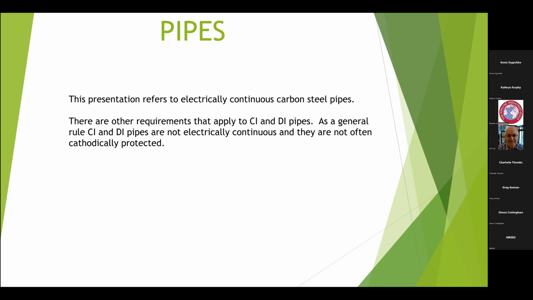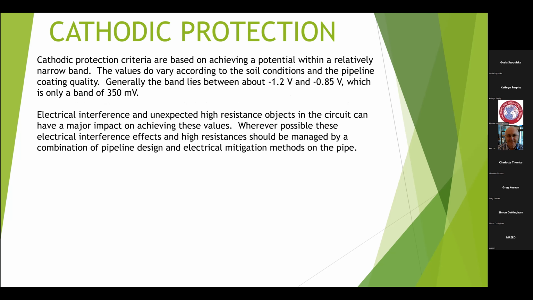The reason is that the way the pipes are joined introduces electrical resistance at the joint, and the cathodic protection current that we apply doesn't travel all the way along the pipe as we need. So if we want to cathodically protect cast and ductile iron pipes, we have to put an electrical connection between the two sections of pipe, which is very laborious and expensive to do as a retrofit activity.